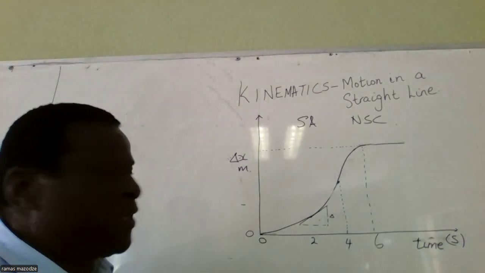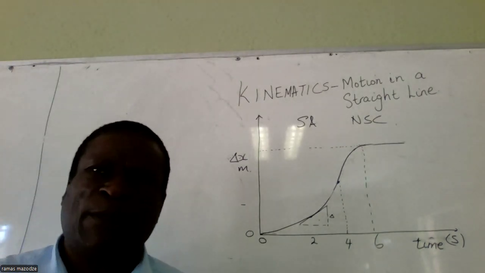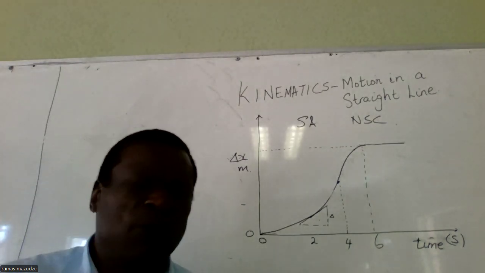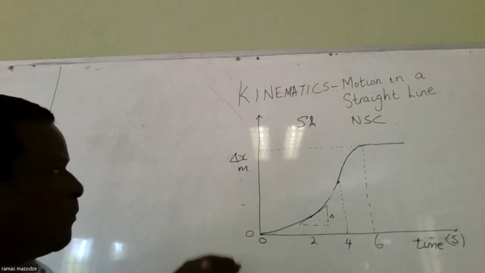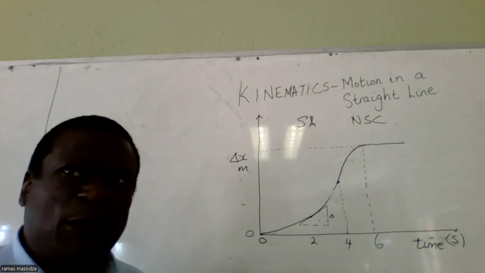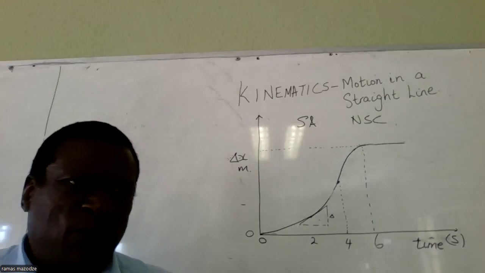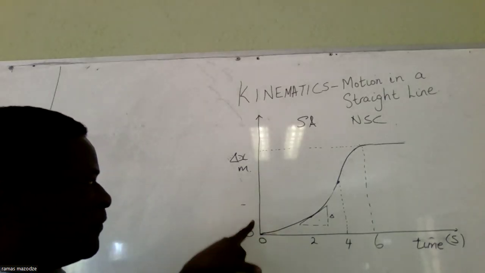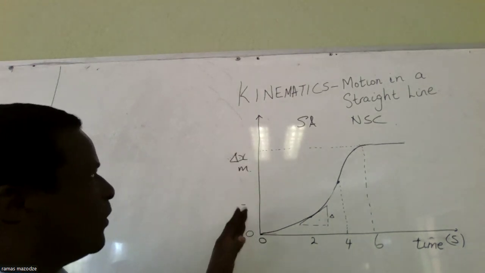Good. Right. Let's start by defining what displacement is. Displacement is change in position. It is also good to realize that displacement is always measured from the starting point. Like on a graph, you have to look vertically along the axis from a displacement of 0.